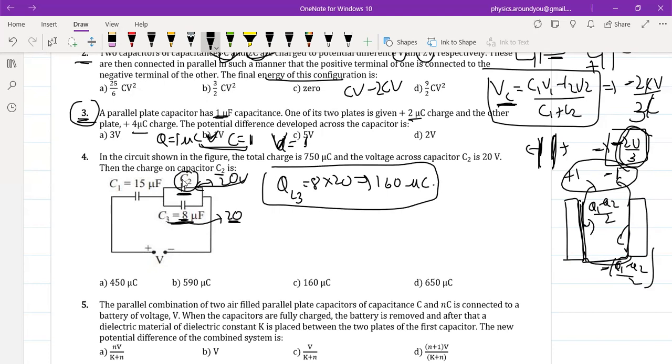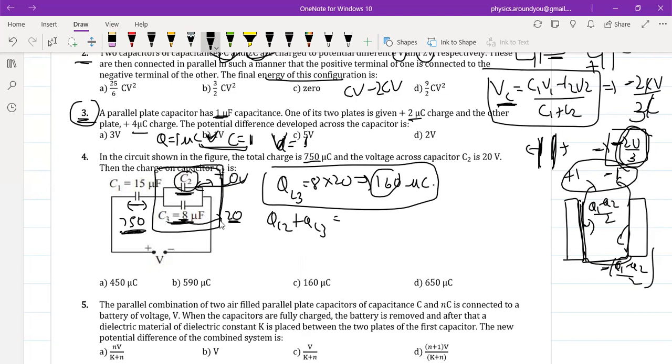But remember, the total charge is 750, so this entire system should have 750 on it. There is already 160 on C3. Therefore, if I add charge on C2 and C3, I should get 750. Reason, the equivalent of C3 and C2 is in series with C1, and both have the same charge. So 750 is the charge on C1.